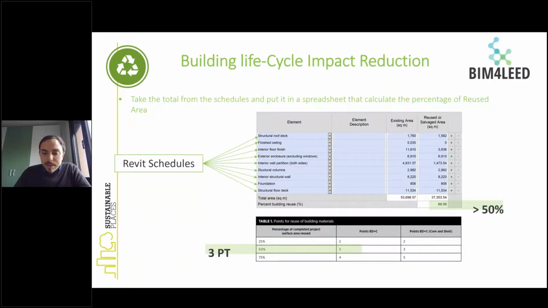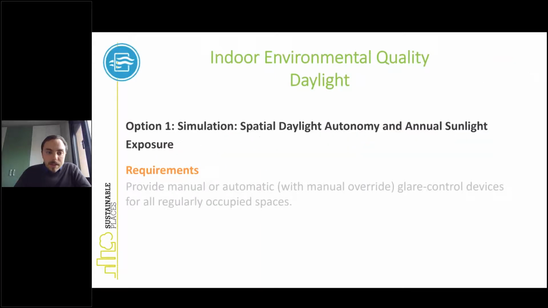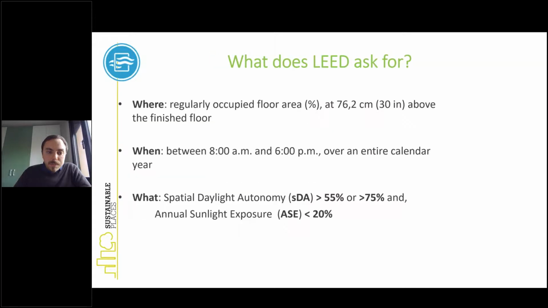The BIM for LEED rating 5 uses a BIM authoring tool with a specific LEED plugin to verify the LEED credit. The example is indoor environmental quality, daylight: the simulation of daylight autonomy and annual sunlight exposure.